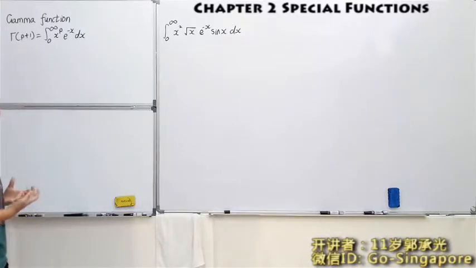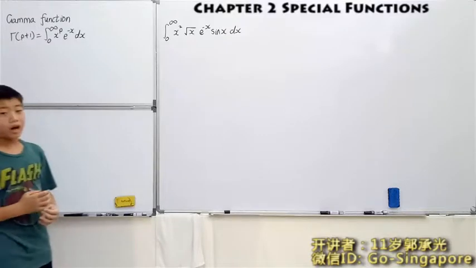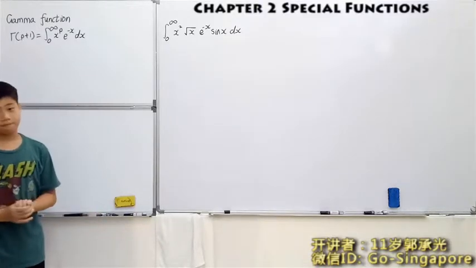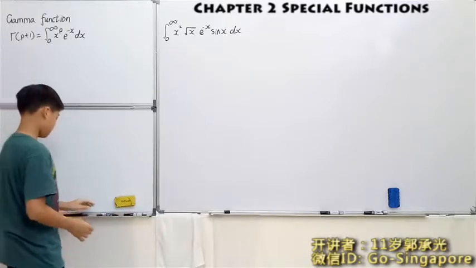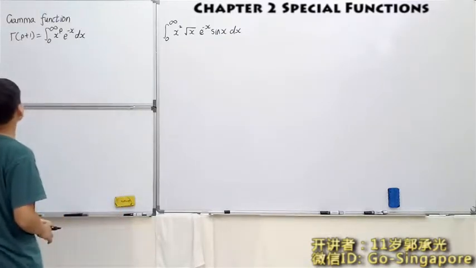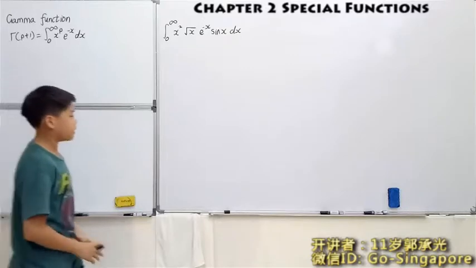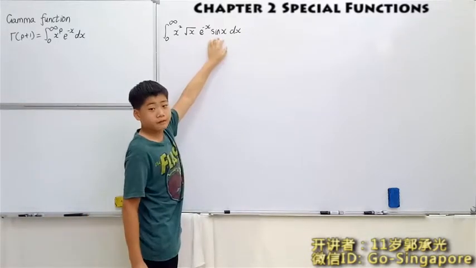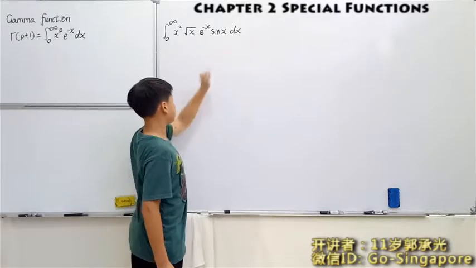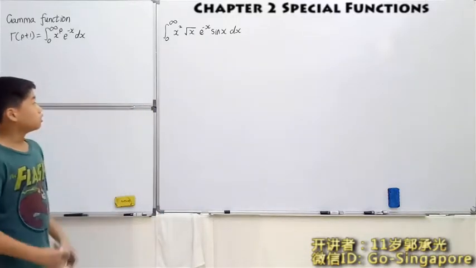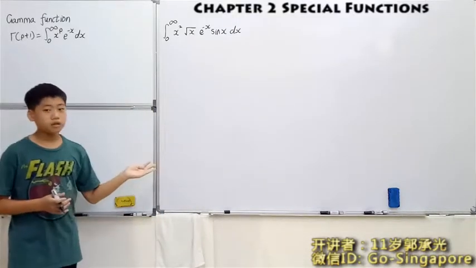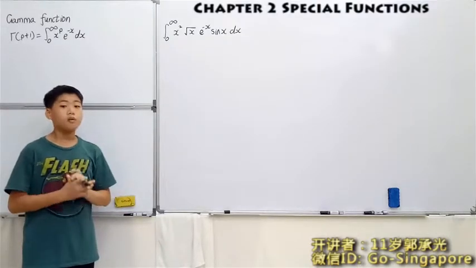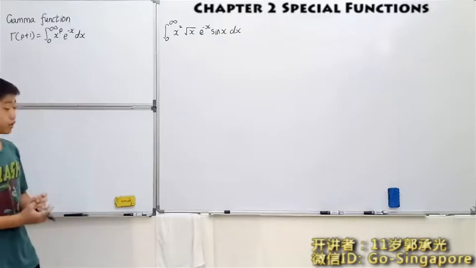Well, it can be anything, but right now, other than whole numbers that we know, we also know a half. So this is the gamma function, but then we have an extra trigonometric function here, the sine. The sine is there and makes it a little bit difficult, but we'll have a method for that.